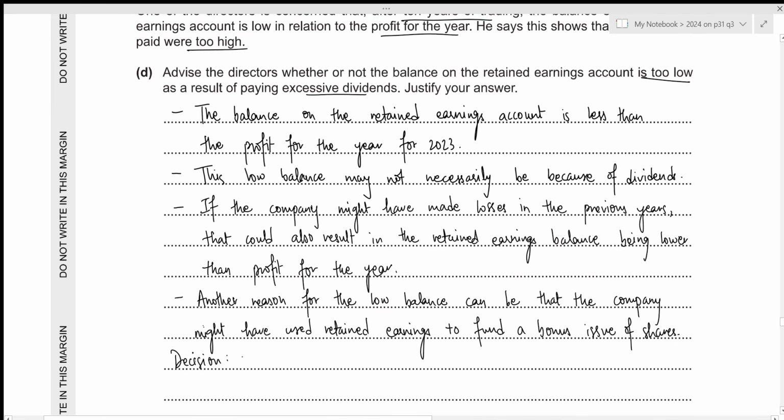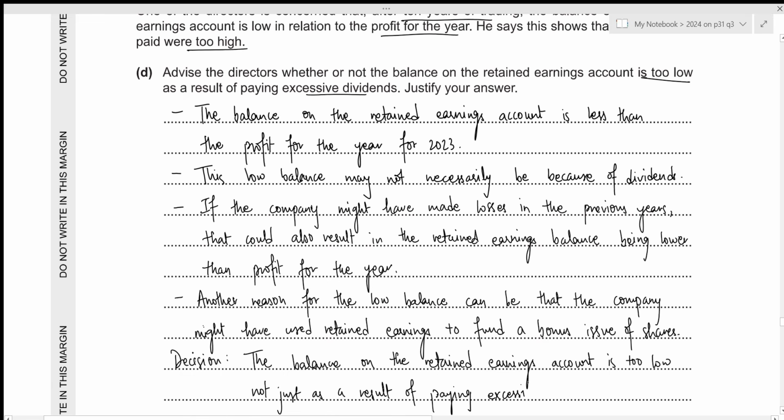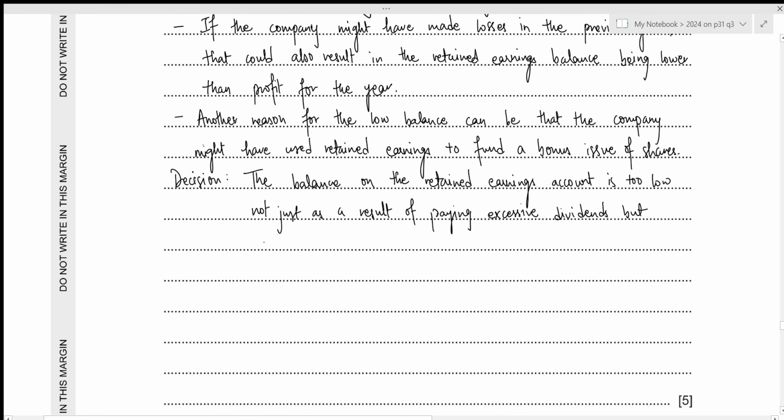Let's write it down. The balance on the retained earnings account is too low, not just as a result of paying excessive dividends, but due to the fact that the profits are being plowed back.